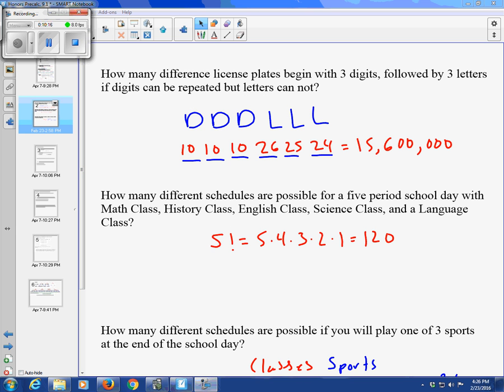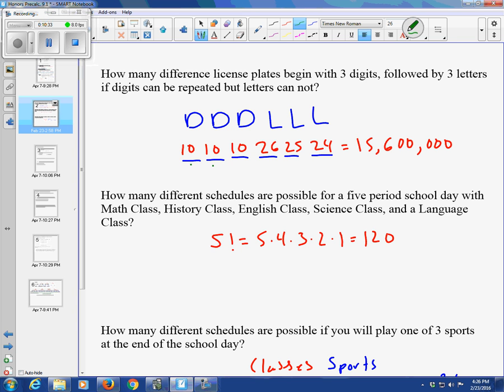All right, so here we are. With our first problem, we have: how many different license plates begin with 3 digits followed by 3 letters if digits can be repeated but letters cannot. If digits can be repeated, then we've got 10 possibilities for the first digit, 10 possibilities for the second digit, and 10 possibilities for the third digit.